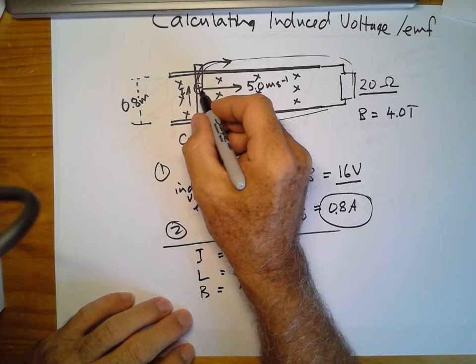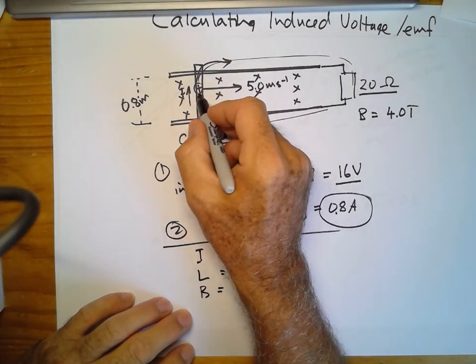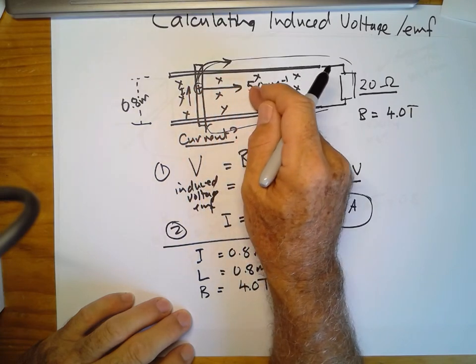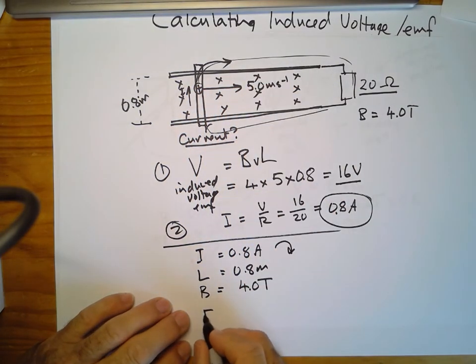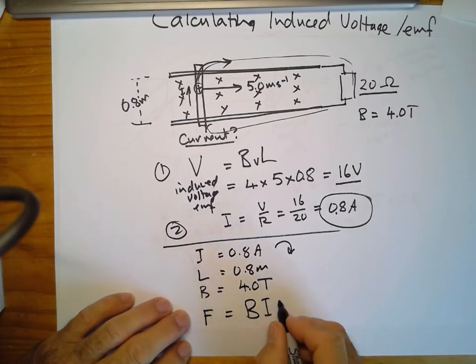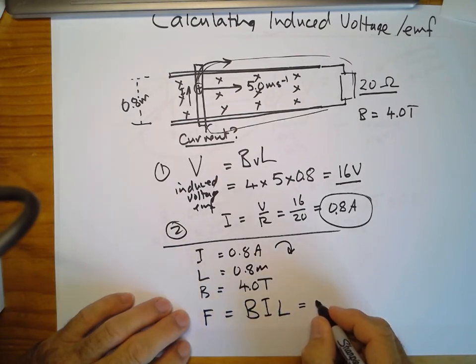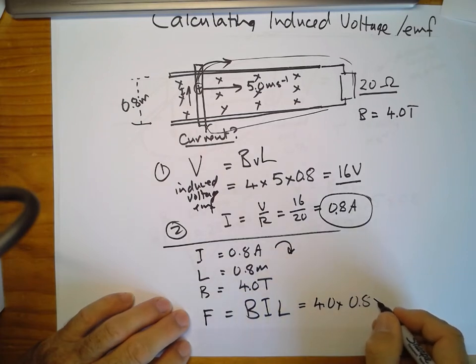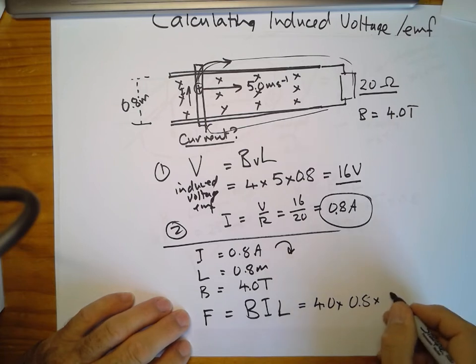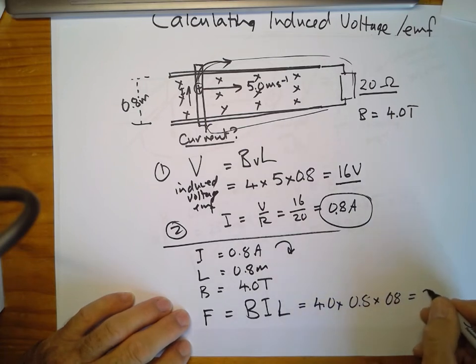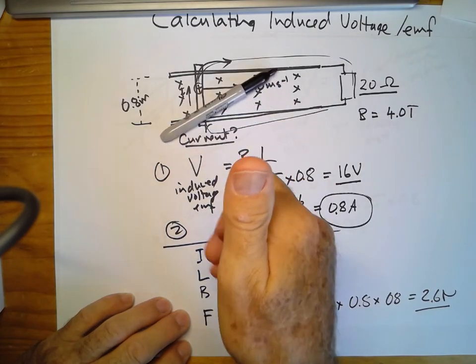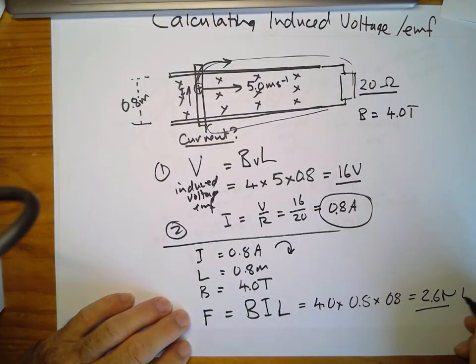What force is on this conductor, because it's a conductor moving in a magnetic field? Force is equal to, remember, BiL is equal to 4 times 0.8 times 0.8 equals 2.6 Newton. In our direction, we have a current, we have a magnetic field, we have a force to the left.